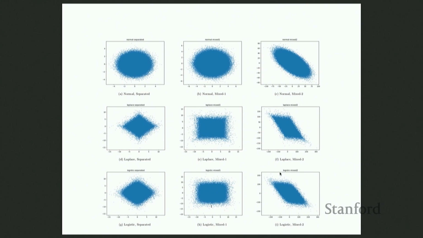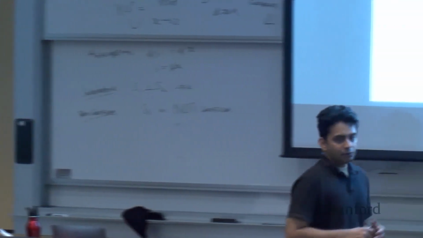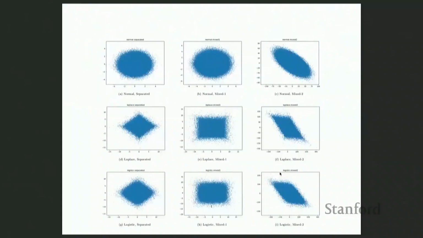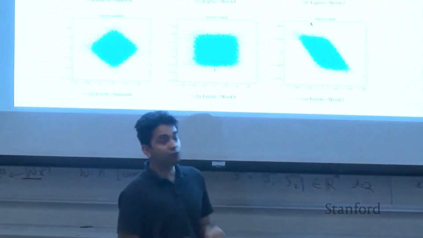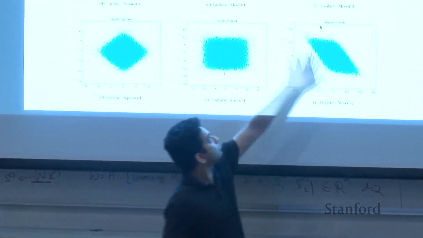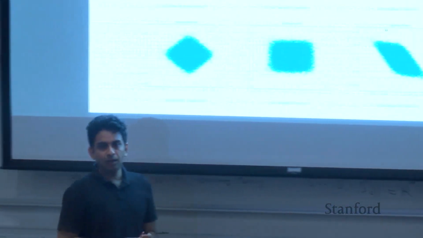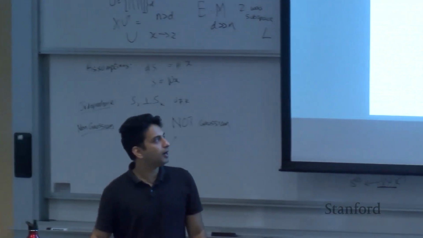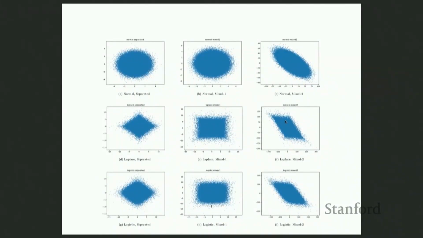In ICA, we are starting with data that look like this, right? The microphone recordings, if you were to plot them, look something like this. If we start with data that looks like this, and we want to recover the original untransformed data, with Laplace and logistic we can make a good guess.